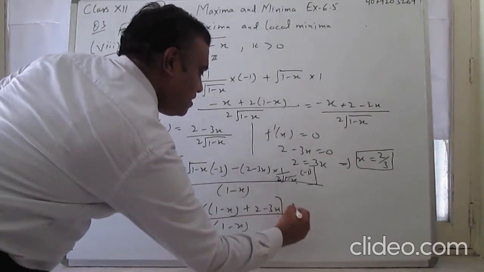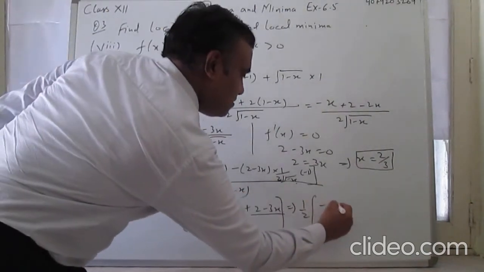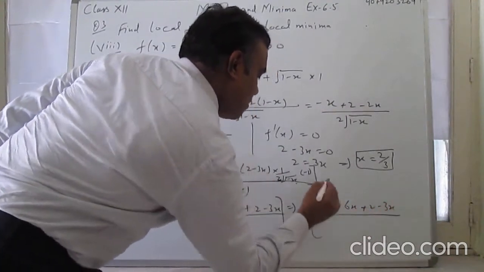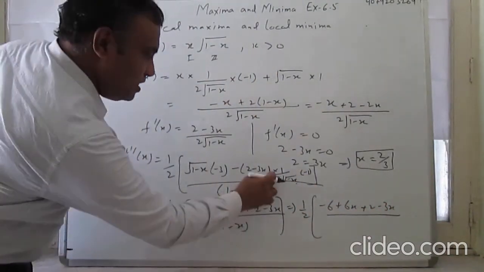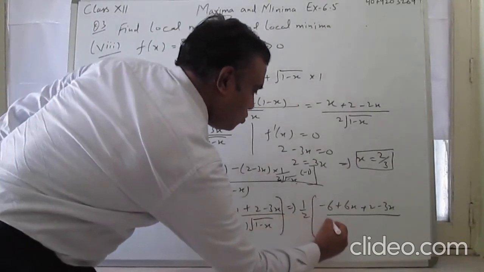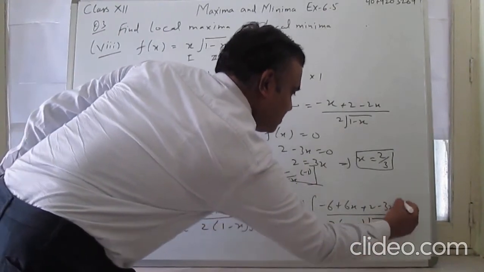Now 1 upon 2 of minus 6 plus 6x plus 2 minus 3x, and the denominator will also come down, it is 2 under root 1 minus x. So 2 times 1 minus x under root 1 minus x.